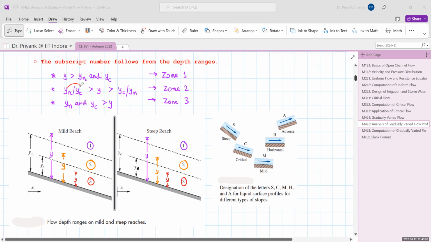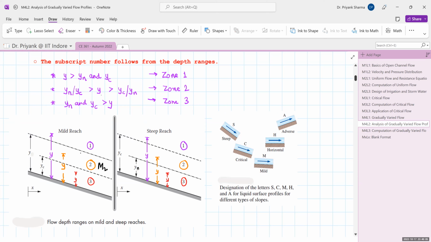Now if yn or yc is greater than y and y is greater than yc or yn, it is a sandwich position, it will fall somewhere in zone 2, so it can be m2 or it can be s2. So it can be either of those.